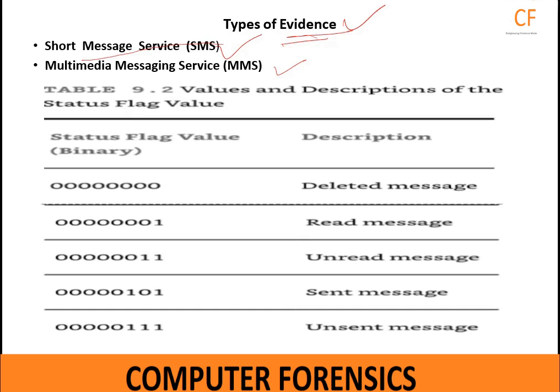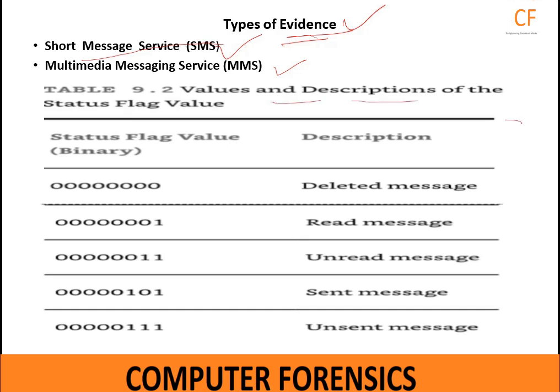SMS messages are mostly saved on the handset, but when stored on the SIM card, they can be found in the TF telecom file. An investigator can determine whether an SMS message has been read, deleted, or sent based on the status flag. The byte value changes based on the status of the message.